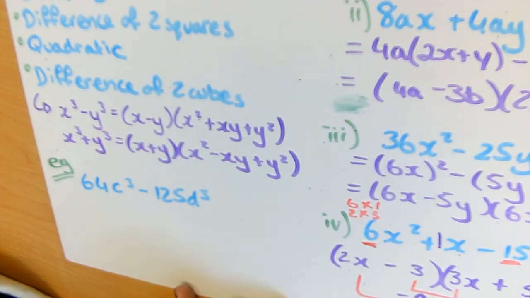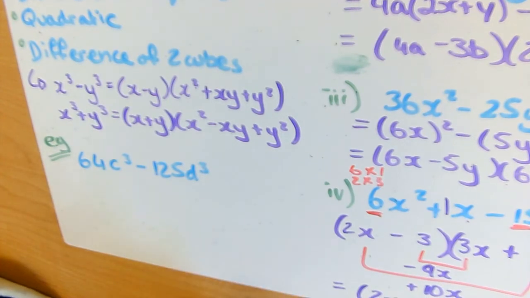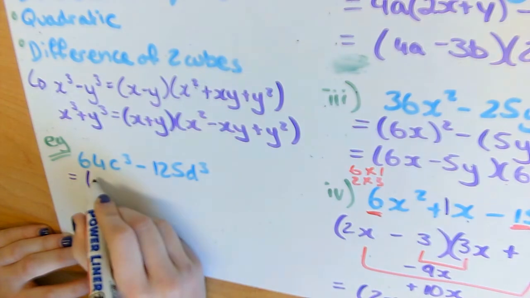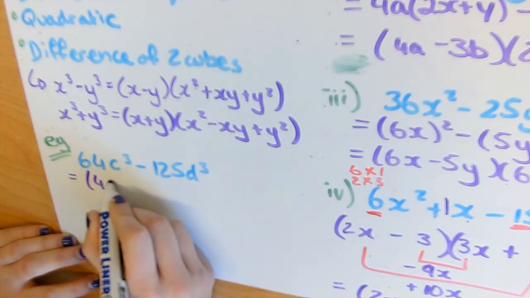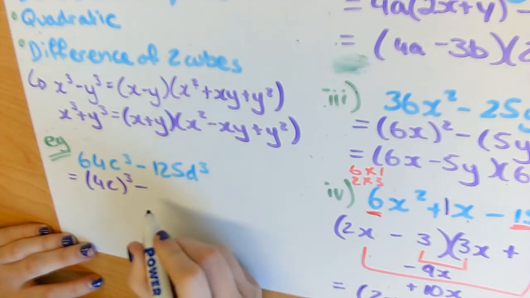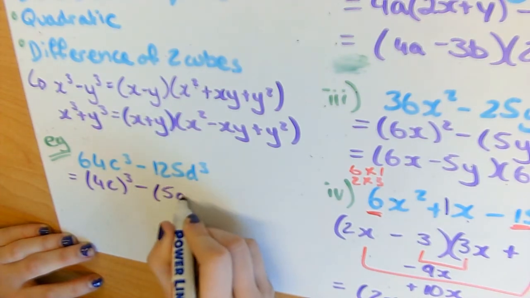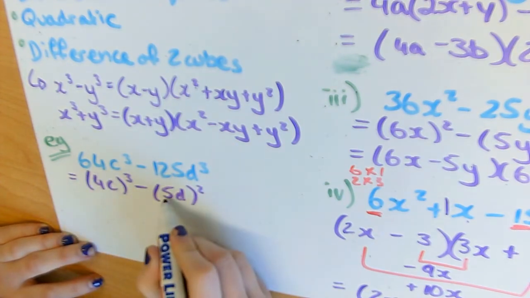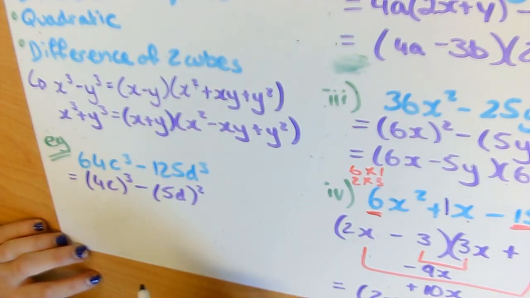So when I have 64c cubed minus 125d cubed, the first thing I check is, to get 64 I need 4 to be cubed. So we have 4c to be cubed. Minus 125d to be cubed, I know I have 5d to be cubed. Because 4 times 4 times 4 is 64, 5 times 5 times 5 is 125.